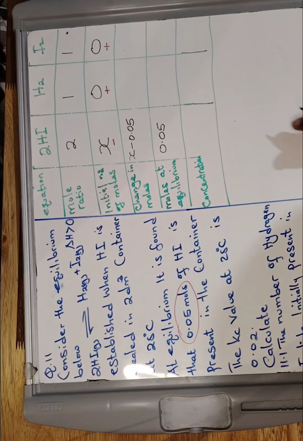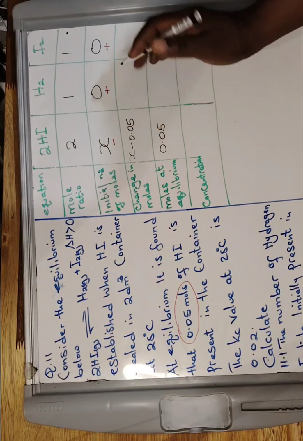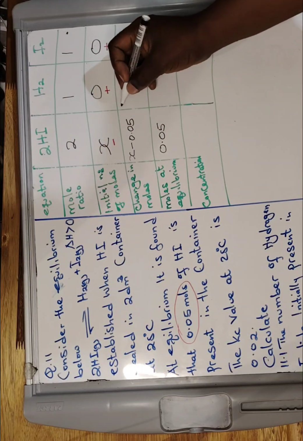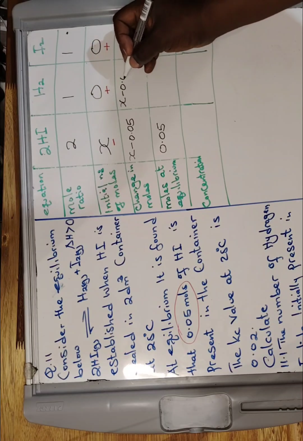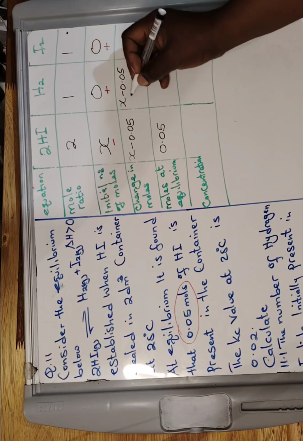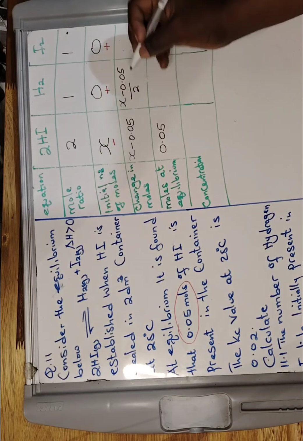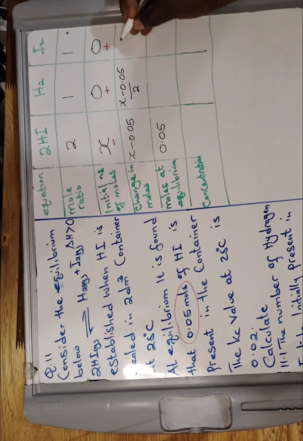You have to remember that these ratios are working here. So what are you going to have here? X minus 0.05 divided by 2. The same applies here.